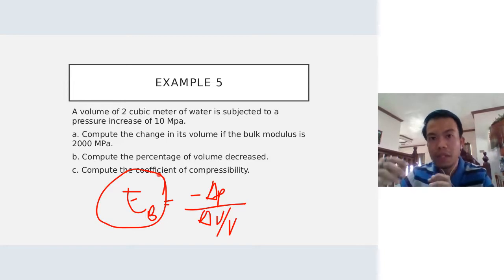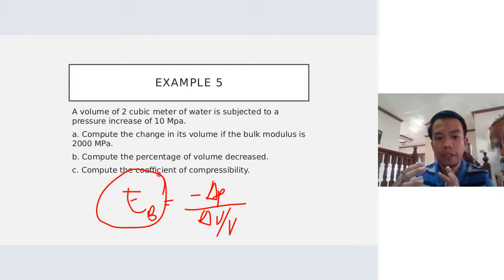So, lagi siyang negative kasi nga, compression, palagi nagdi-decrease yung volume ng isang object, in this case, yung liquid, because of pressure. Okay? May negative pala sir sa formula. Yan. So, kasama siya dun sa formula.